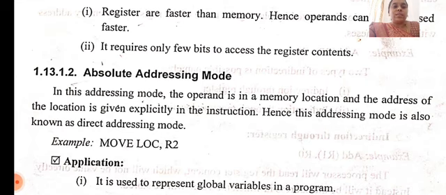In this addressing mode, the operand is in a memory location, and the address of the location is given explicitly, that is, directly in the instruction. So this addressing mode is also called direct addressing mode. For example, move location, R2: the location contains the operand, which is moved to register R2.